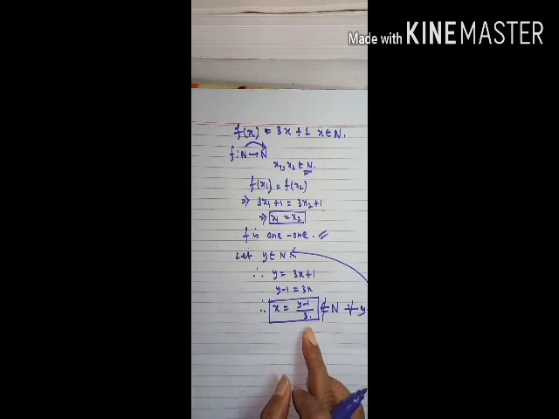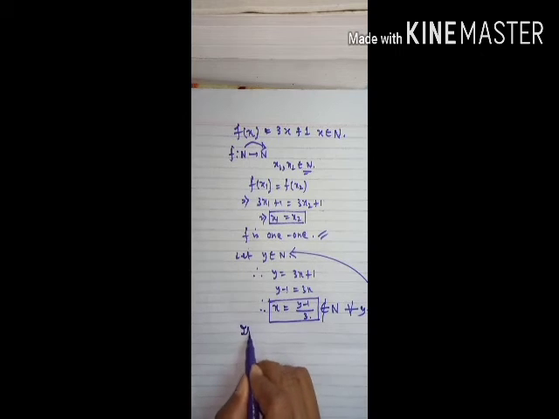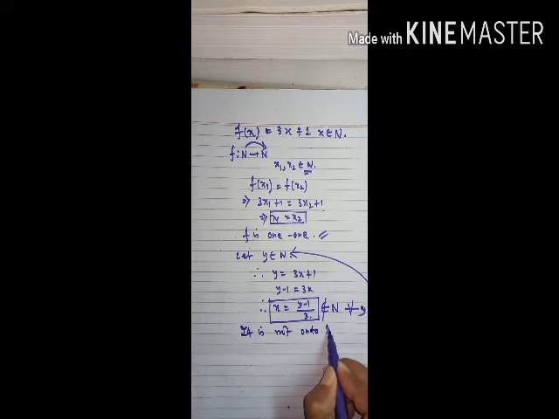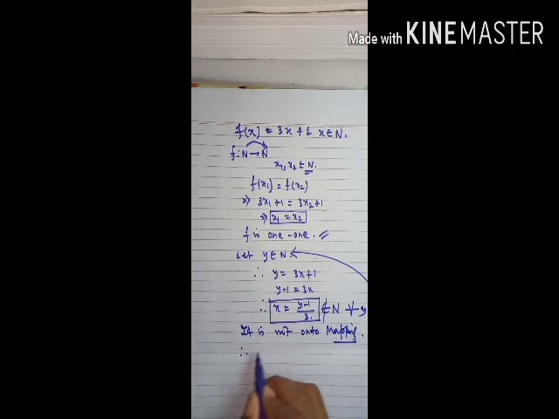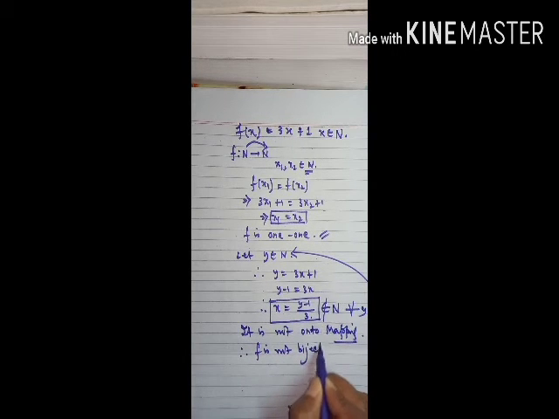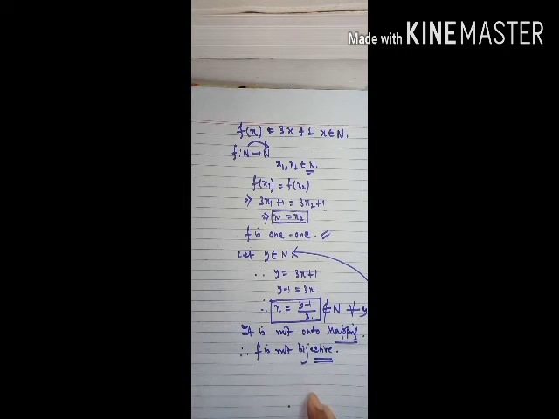It is a fraction, (y minus 1) by 3. So it is not surjective. It is not onto mapping or onto function. So we can say f is not bijective function.